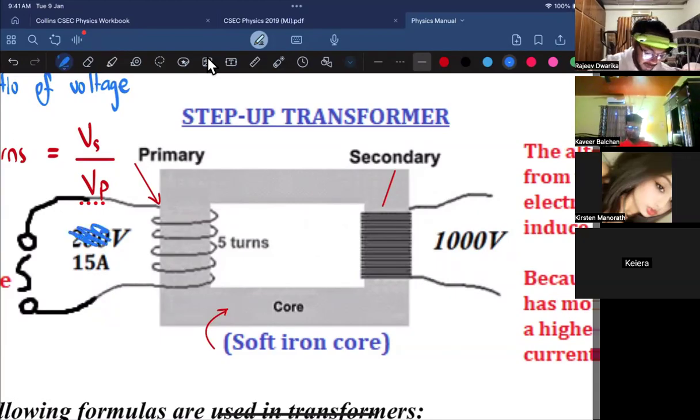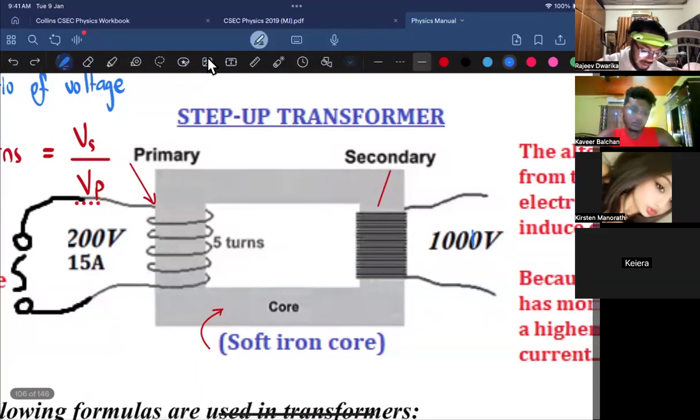All right, I have a question, guys. What if instead of 1,000 volts, I change this to 200 over here, and this is 100 volts over here. In this situation, is this a step up or a step down? A step down.